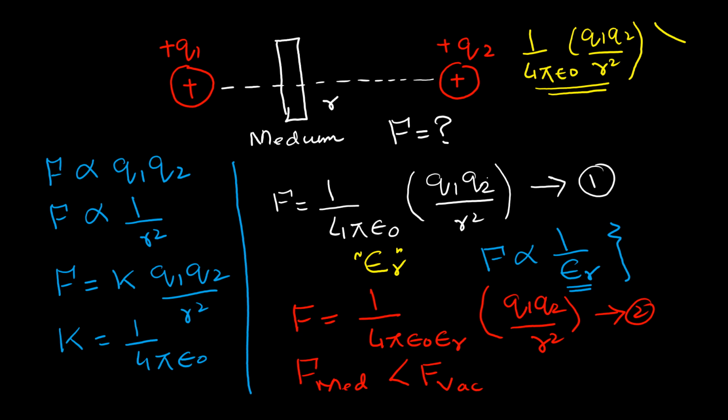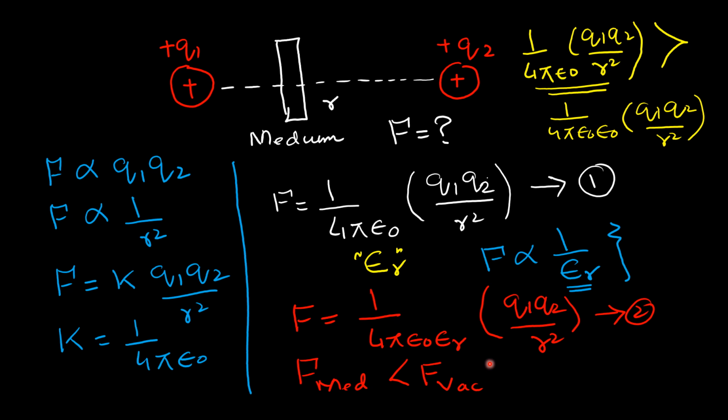It will be greater than the force 1 over 4 pi epsilon naught into epsilon R into Q1 Q2 divided by R square. So the force of point charges in a vacuum will be greater than the force when there is a medium placed between them. The medium is decreasing the amount of force, which means the force in a medium will be less than the force in a vacuum between the two point charges.